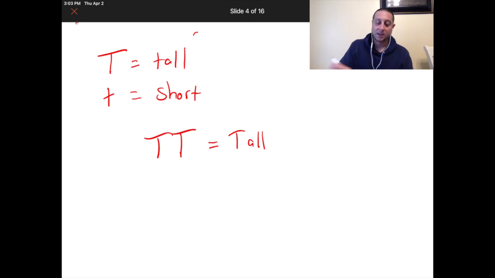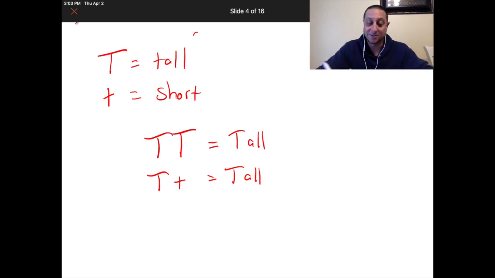Tall. If I have big T, little t, what is that plant going to look like? What is the expressed trait going to be? Tall. Why is it going to be tall? The reason it's going to be tall is because of that dominant big T that overtakes the little t. So you don't see it. You cannot see every single allele that you get.